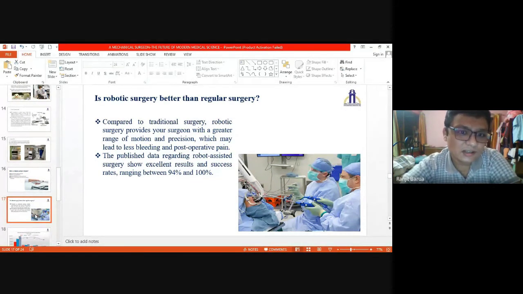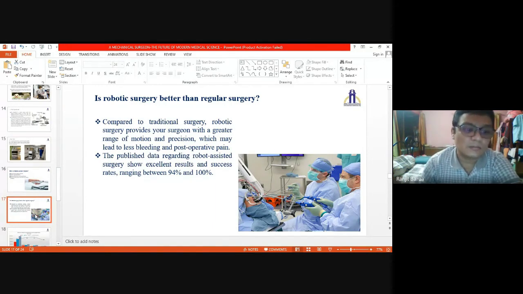It requires medical science knowledge and engineering knowledge. Another important thing I can add is the data published in NIH: near about 94 to 100% successful cases are documented from 2015 to 2020.